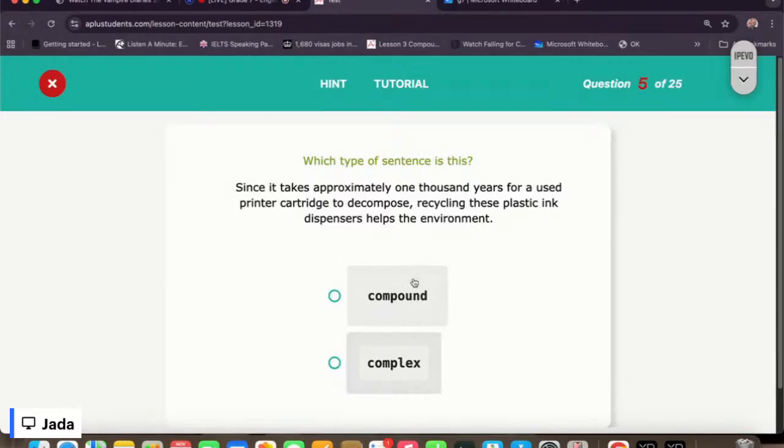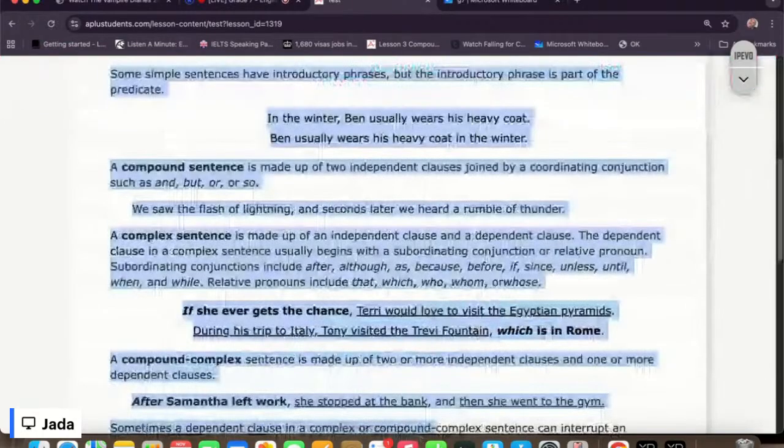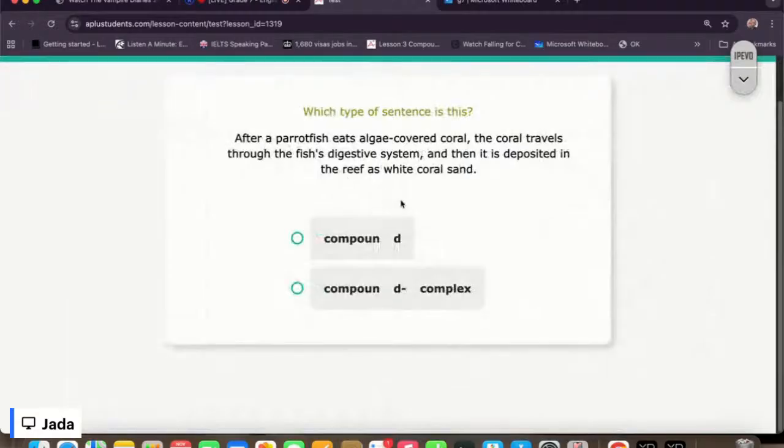So we have compound or complex. Okay, rather complex. So: after a parrotfish eats algae-covered coral, the coral travels through the fish's digestive system and then it decomposes in the reef as white coral sand. First or second?